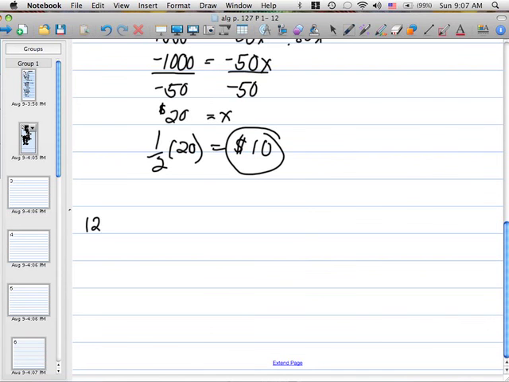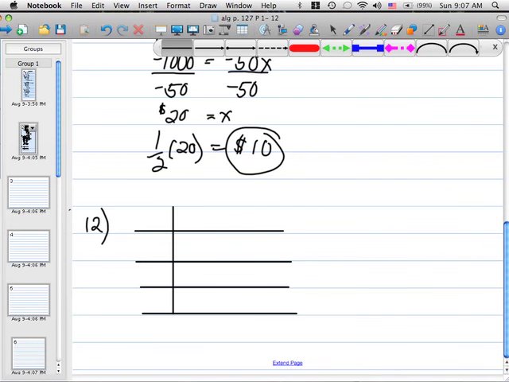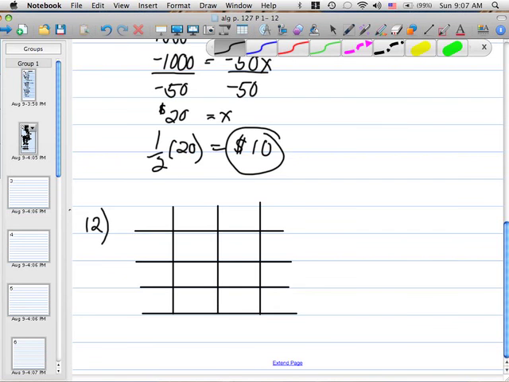And the last problem is a wage problem. So make your chart. I think I have an extra line here. So this is the wage per hour, the number of hours worked, and the total wage.